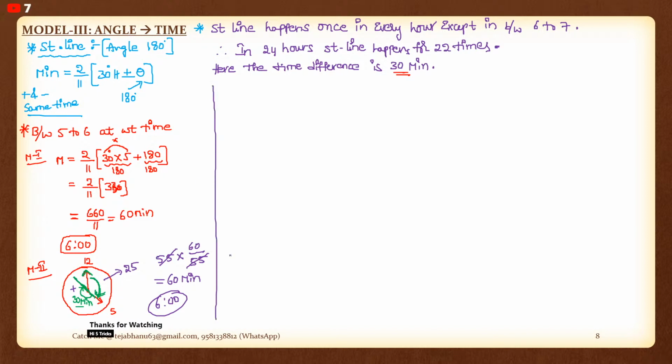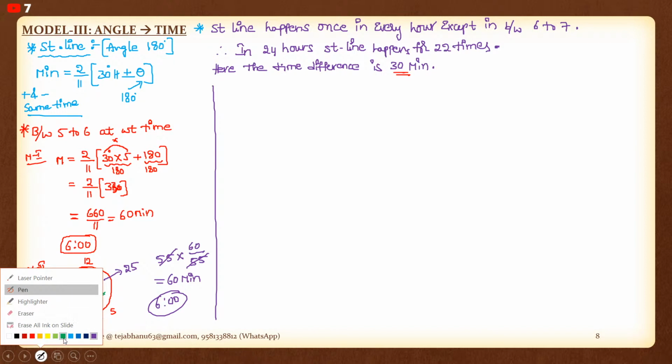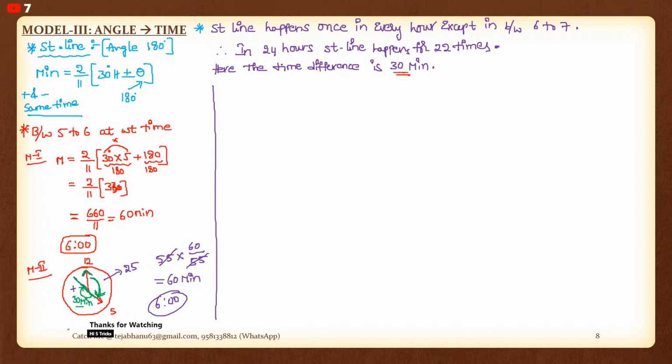Now have a look at it. I'll explain one more. Have a look at it. That is, between, for example, between 9 to 10. At what time will both hands coincide?